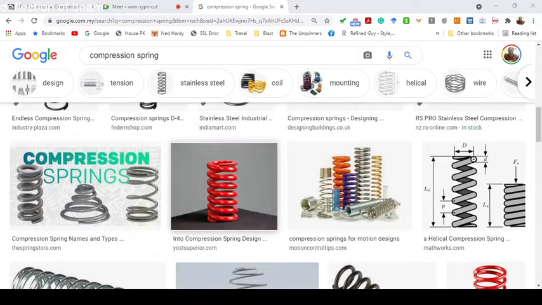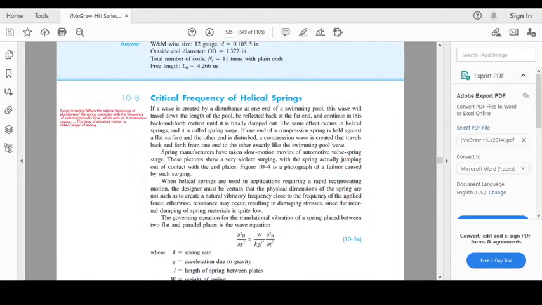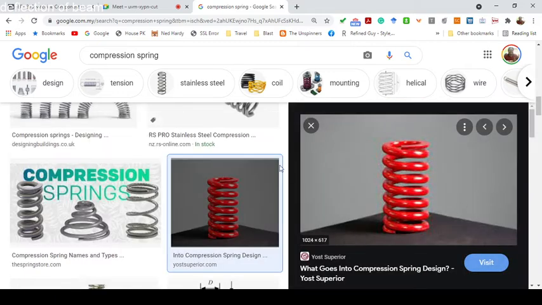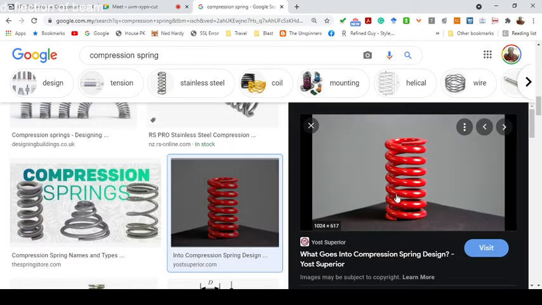Okay, you see this image. This is what the textbook is talking about. The textbook says that if one end of a compression spring is held against a flat surface, like this is a compression spring. All springs shaped like this are compression springs.